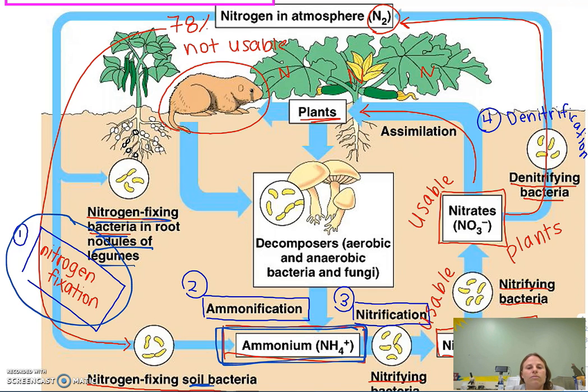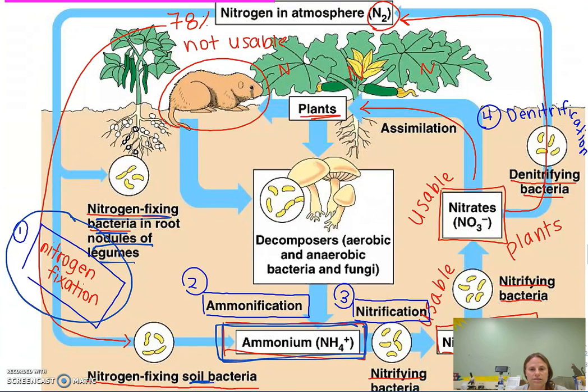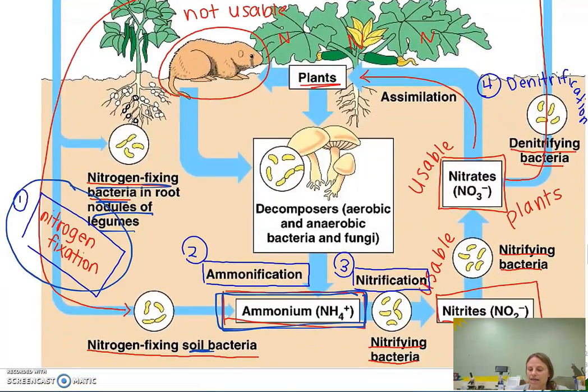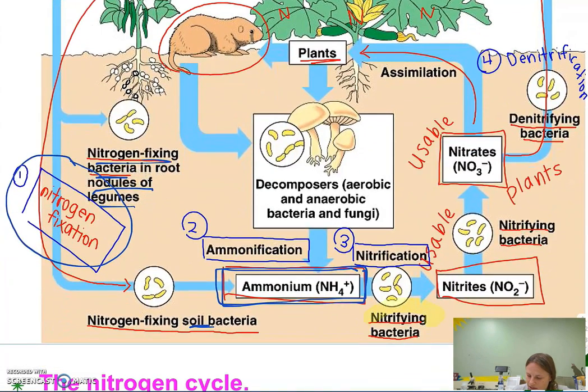However, that ammonium or ammonia is still not usable by the plants. So now you've got this nitrifying bacteria, which are going to do nitrification and convert that ammonia into nitrites and nitrates, which is then usable.